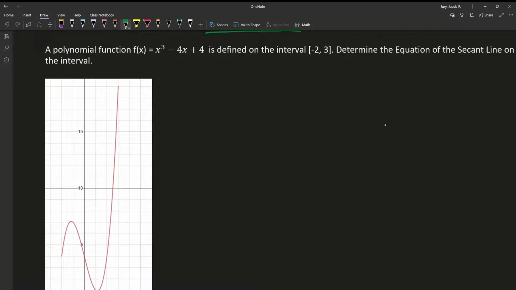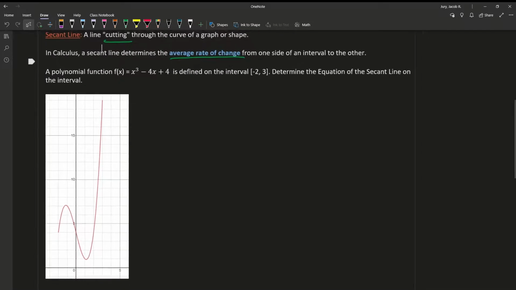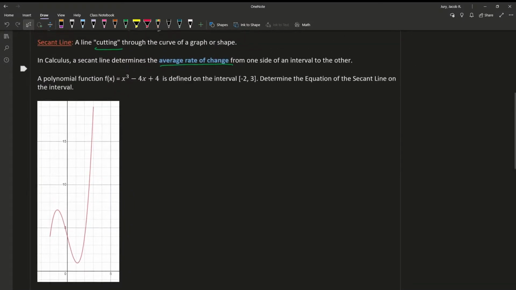So what we've got is a polynomial function that is defined on the interval -2 to 3. So this polynomial function, if we can zoom out a bit, is defined from -2 to 3, and we're determining the secant line from those intervals.